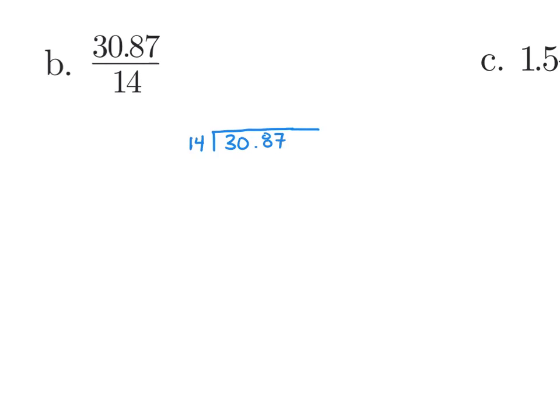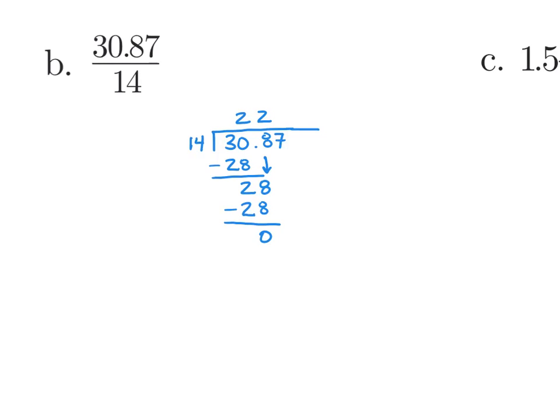All right, 14 goes into 30 2 times. 2 times 14 is 28. Subtract, we get 2. I bring down my 8. 14 goes into 28 2 times. 2 times 14 is 28. Subtract, we get 0. Am I done?